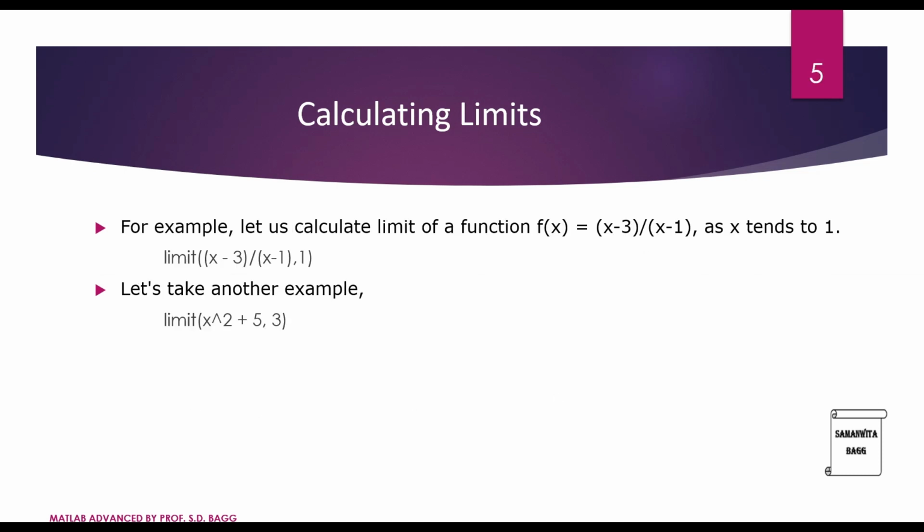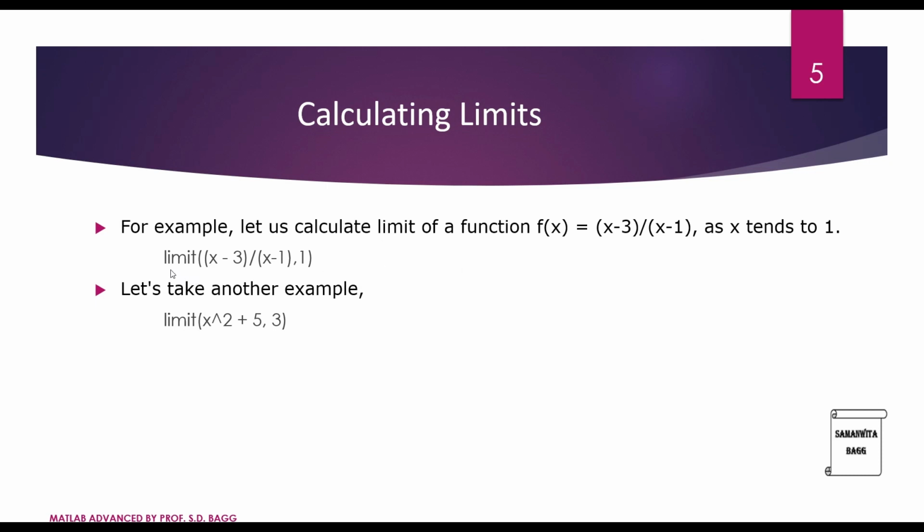For example, let us calculate the limit of a function f(x) = (x - 3) / (x - 1) as x tends to 1. Mathematically, when you solve, you will substitute x as 1. So it will be (1 - 3) upon (1 - 1), which will be 0 in the denominator. So when the denominator becomes 0, this function is not going to be defined.